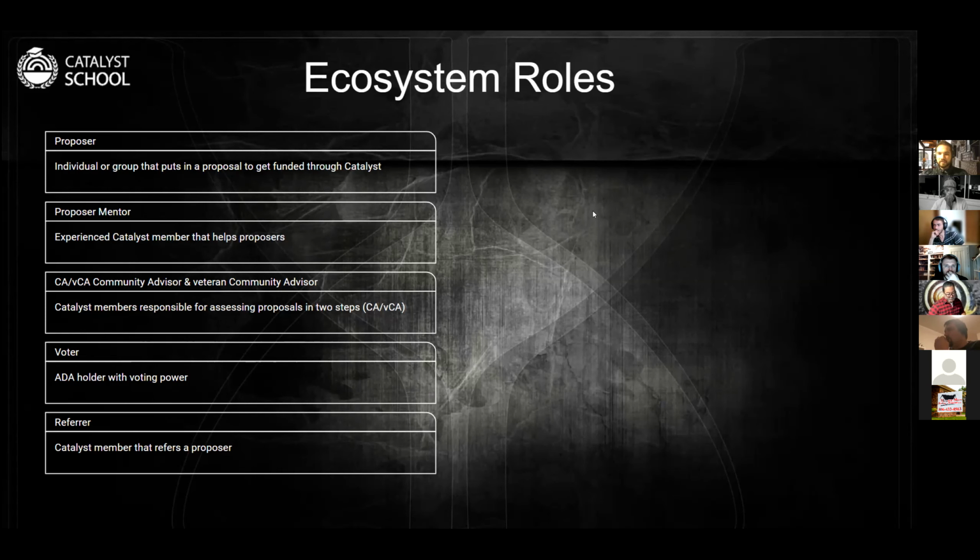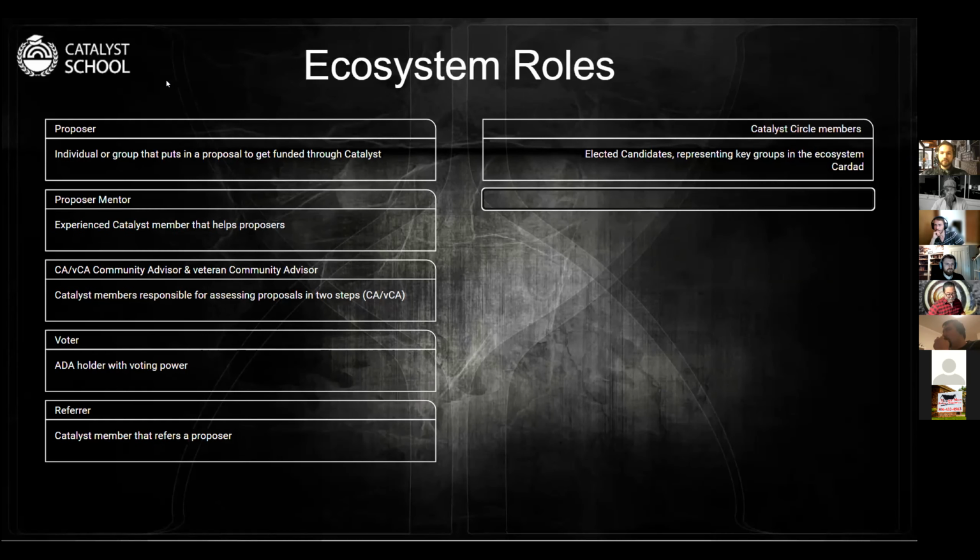And there are some other roles within Catalyst. As I mentioned, Catalyst is an ever-evolving project, and as was presented today during the town hall, we are at the beginning of the second Catalyst Circle, which is this representing body of people from different groups from Catalyst: Cardano Foundation, IOG, community advisors, funded proposers, stake operators, makers and maintainers, and general ADA holders.